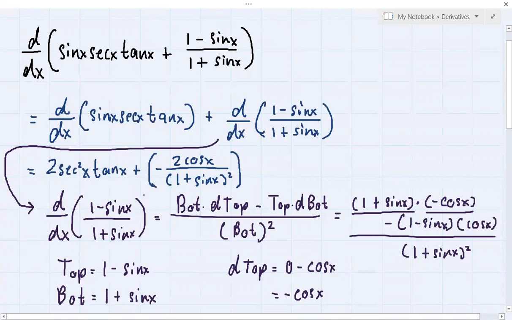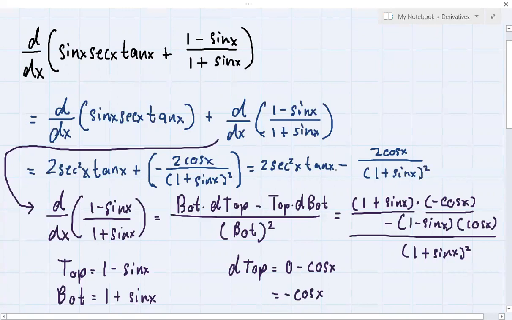That's it. Okay? We can also rewrite it in a different way, as 2 times secant squared x times tangent x minus 2 cosine x all over the square of 1 plus sine x.